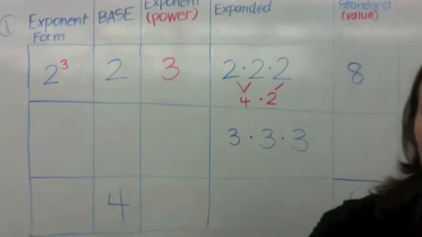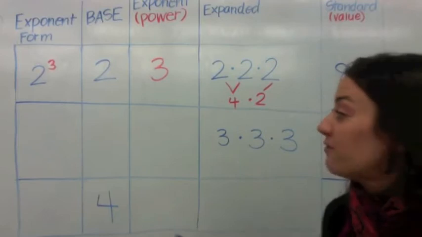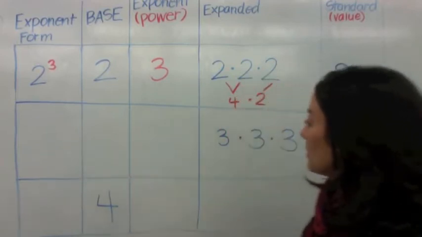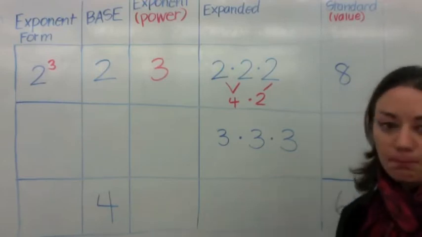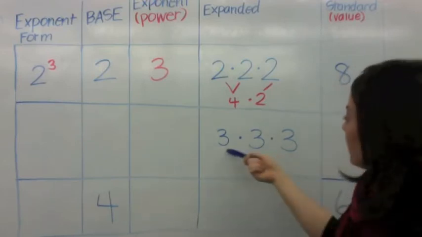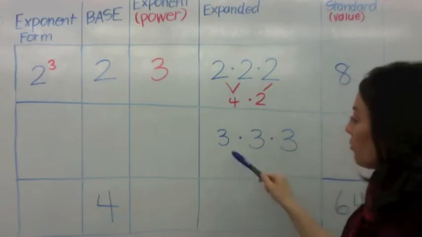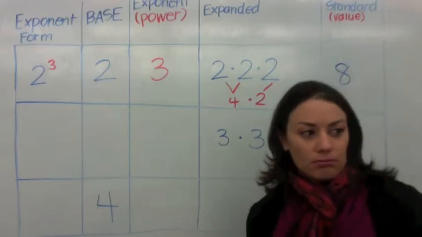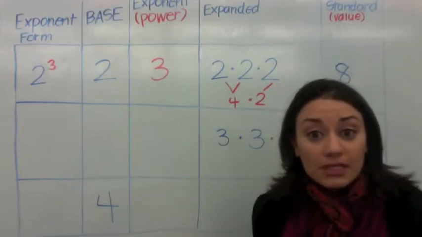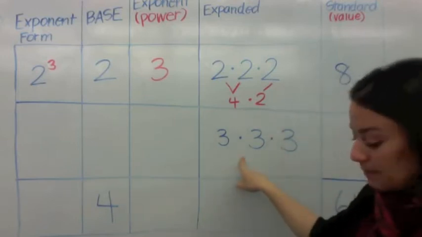Now, when you use the table, I will give you one of the forms, and then you have to fill in all of the other boxes. So what about when we're looking at expanded form? And the expanded form is 3 times 3 times 3. Well, is 3 the base or is it the exponent? What is it? It's the base.